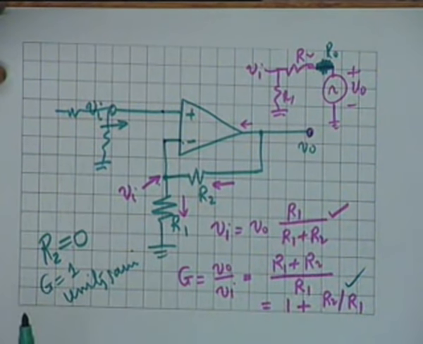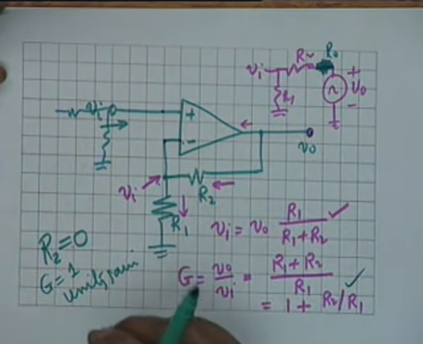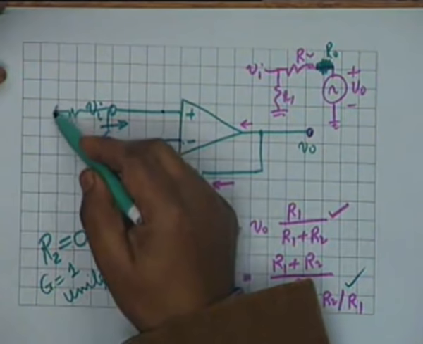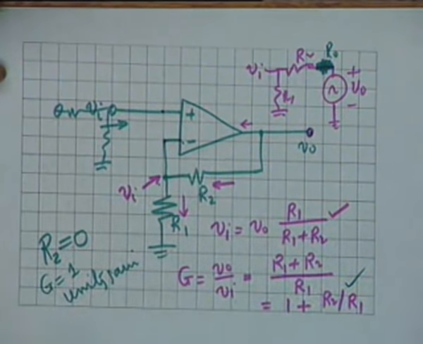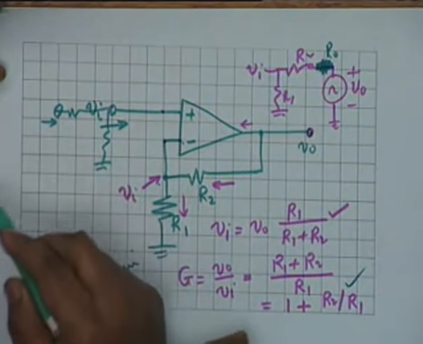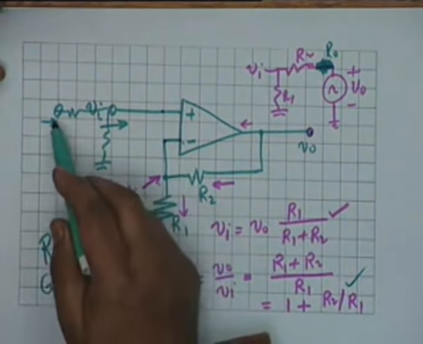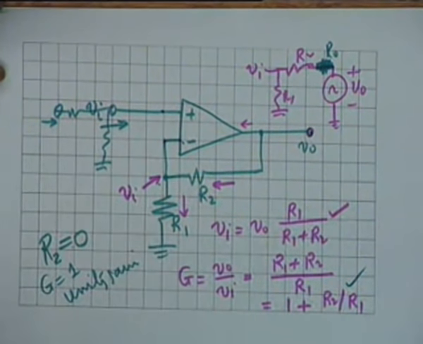I can reduce the gain to half, but in the process I also lose something. What is it that I lose? No, it's not energy. I lose the advantage that the input impedance no longer becomes infinity. The input impedance will be the sum of these two resistors.